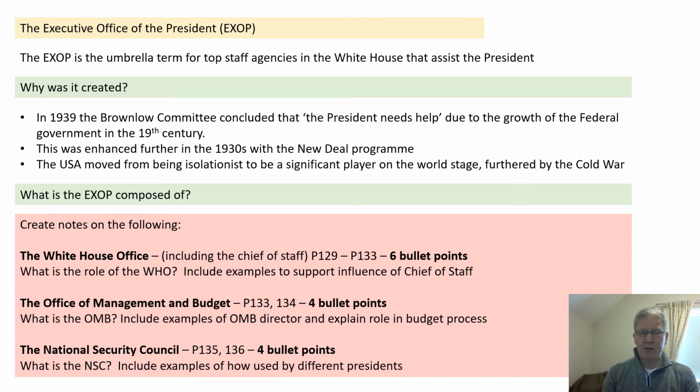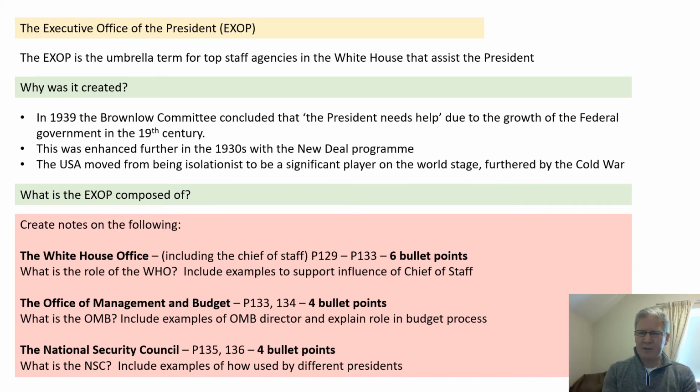So, how do you support the president? Well, there are different components of the executive office. One is the White House Office, which includes the Chief of Staff. You need to understand who exists within the White House Office and what roles they play. Another component is the OMB, or the Office of Management and Budget.